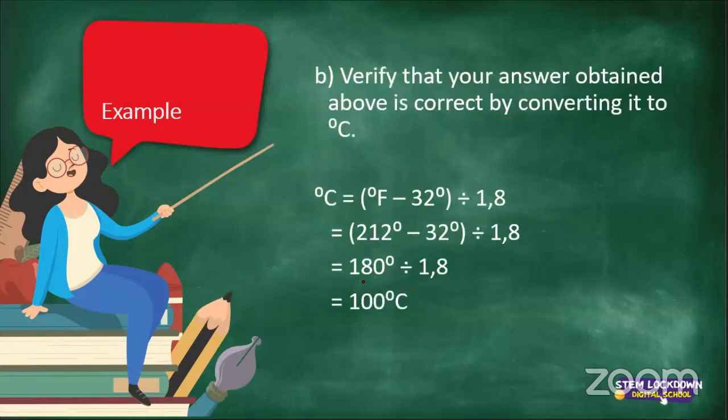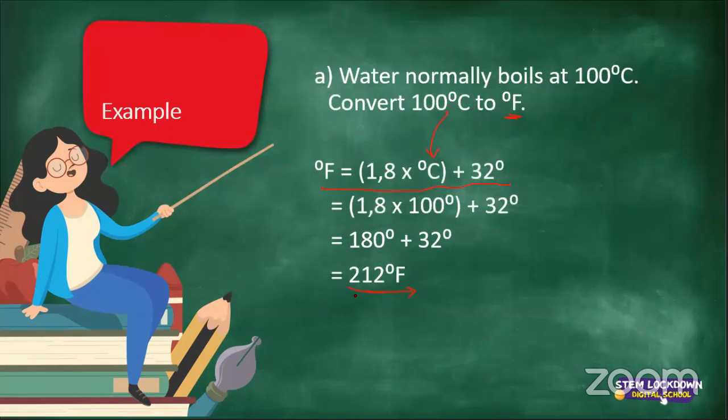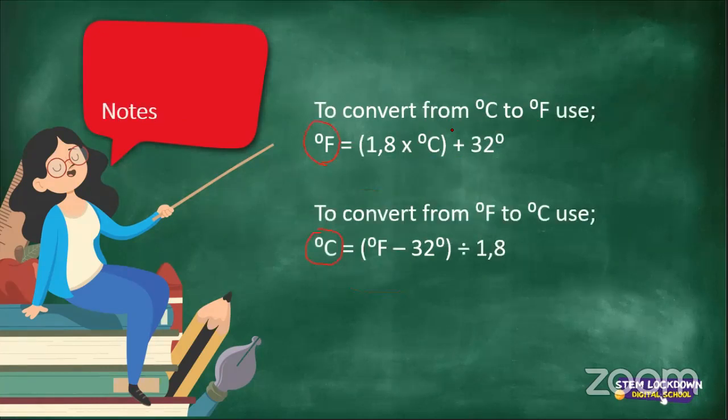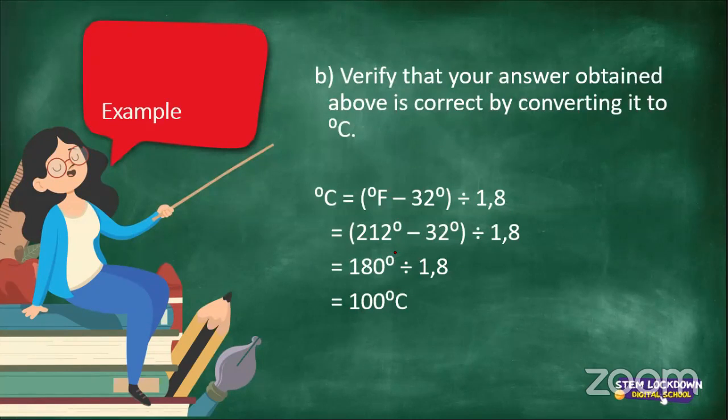Next, they say verify that your answer obtained above is correct by converting it to degrees Celsius. In other words, we're converting our answer, 212 degrees Fahrenheit, back to degrees Celsius. So you need to choose the correct formula. For degrees Celsius, you must use this second formula. Substitute degrees Fahrenheit with 212 degrees.